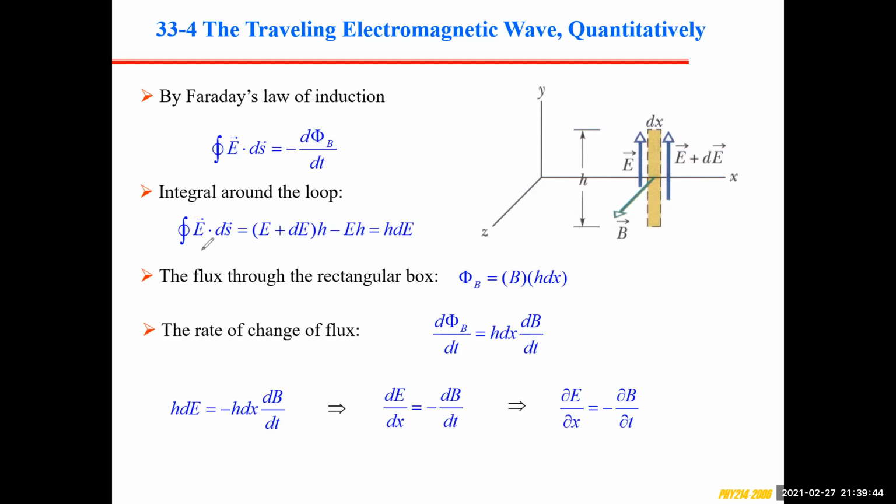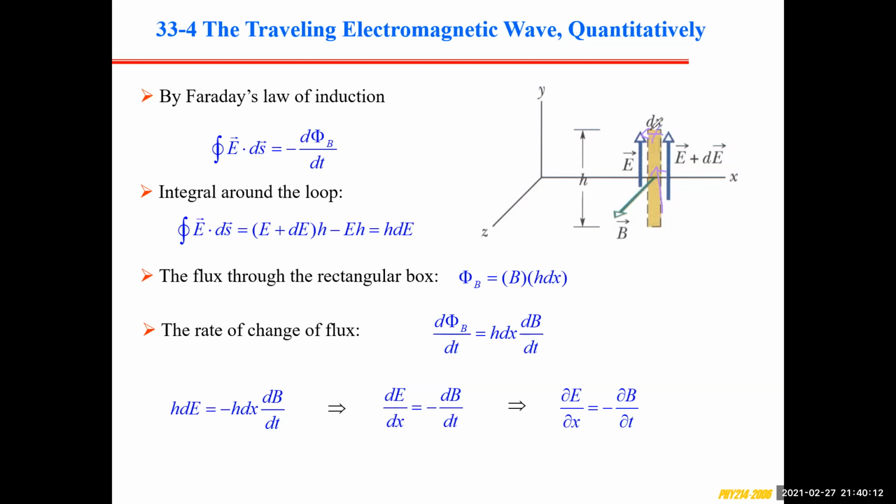So you integrate the electric field along this closed loop. What we found is that on this side, you have E plus dE, times h, right? Because it's E dot ds. Let's say this goes clockwise. On this side, because the electric field and the displacement are perpendicular to each other, the scalar product gives you 0.